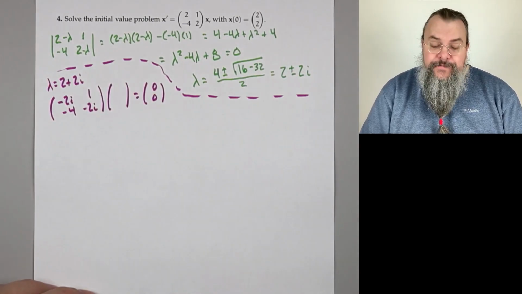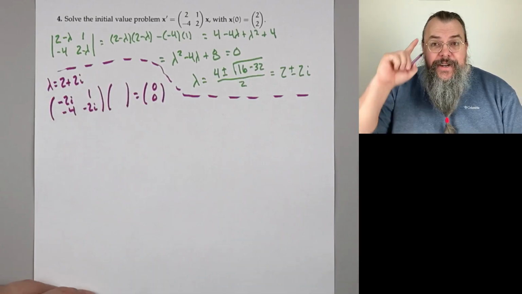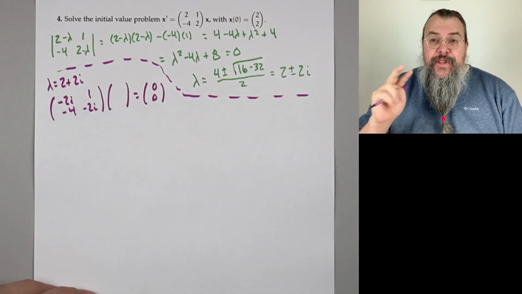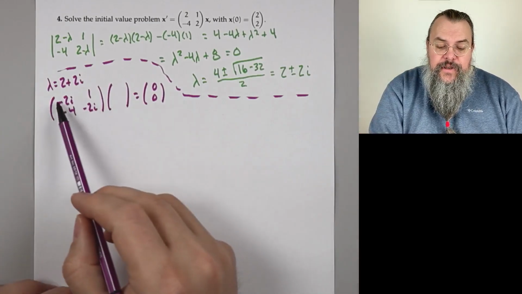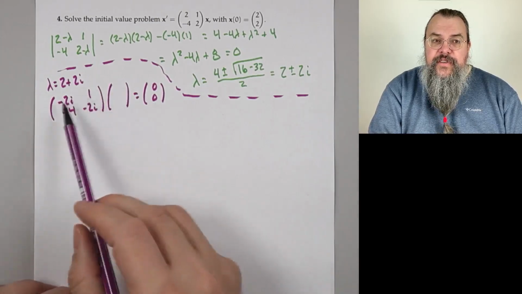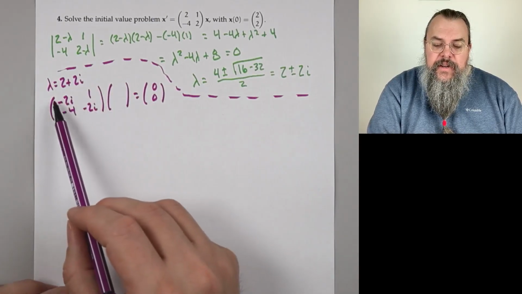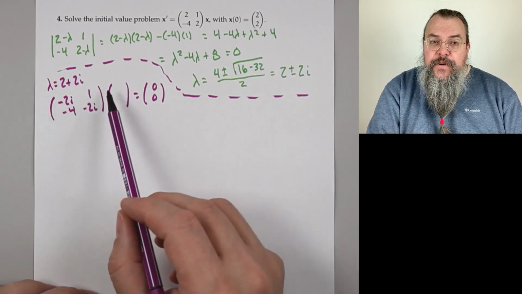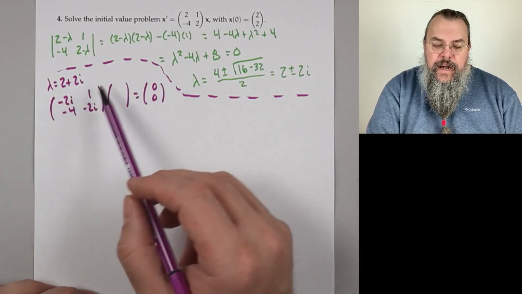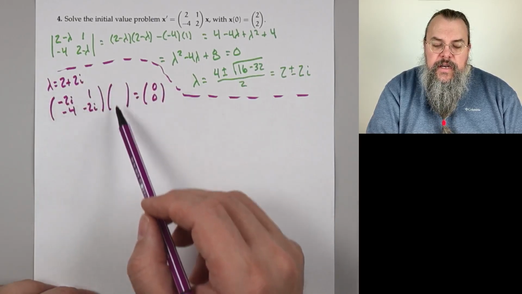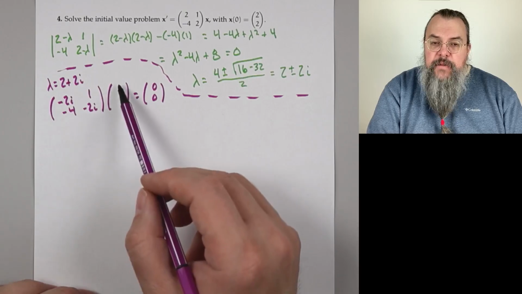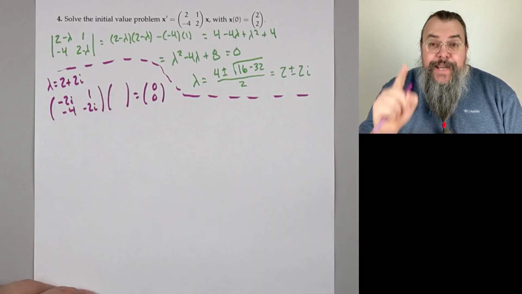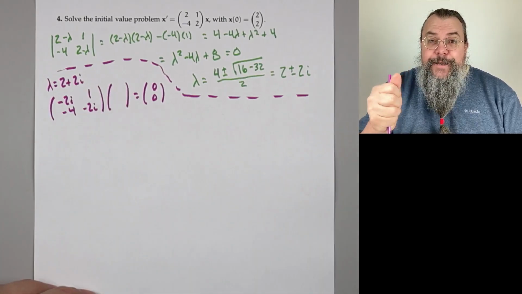Well, here, the great thing is for 2 by 2, you don't have to think hard. What you do is pick a row. I'll pick the top row because it looks like nicer numbers. And you're going to read it sort of backwards, right? So instead of putting minus 2i and 1, I'm going to put 1 and minus 2i.